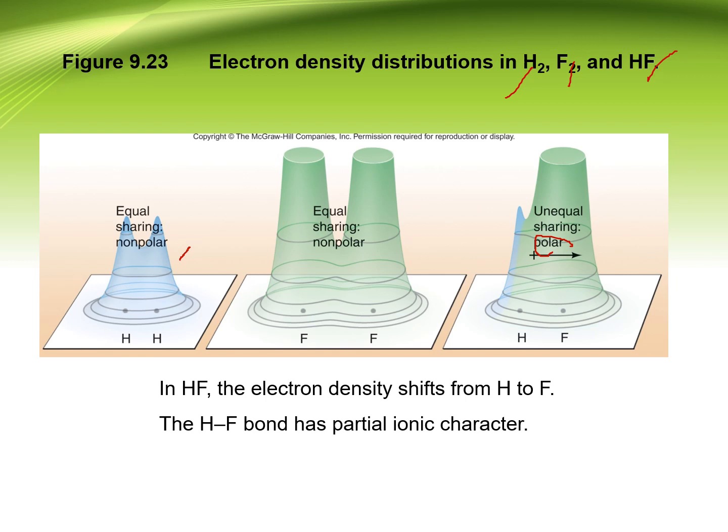H-H and F-F are non-polar because there is no electronegativity difference between the atoms. In H-F, there is an electronegativity difference between the atoms, so that's why the bond is polar, and you can see the arrow is pointed to the more electronegative atom, fluorine.